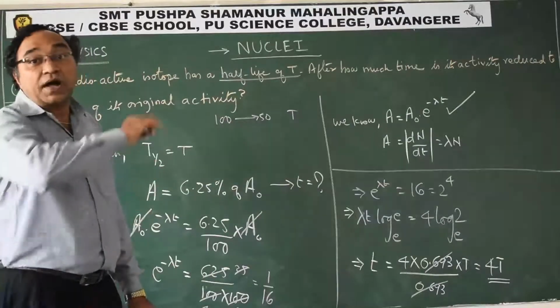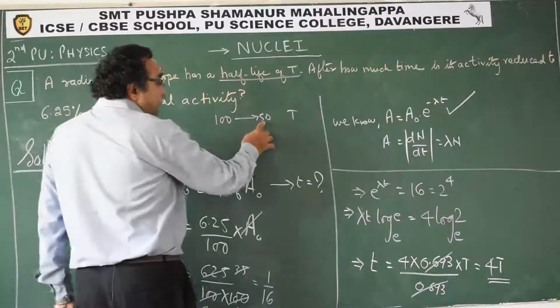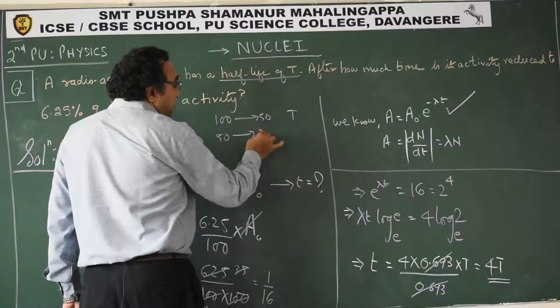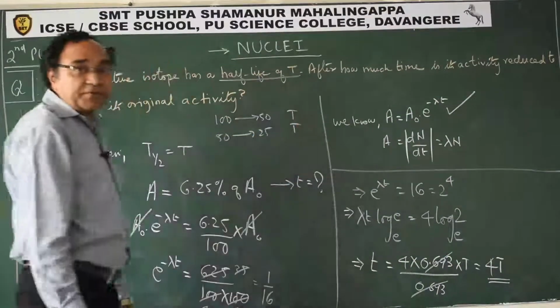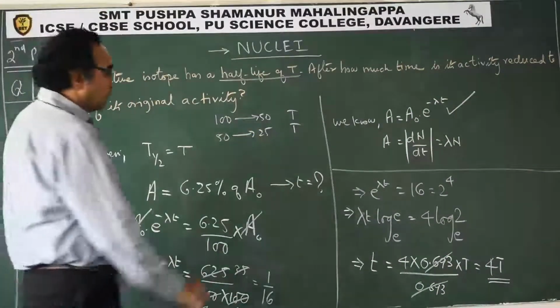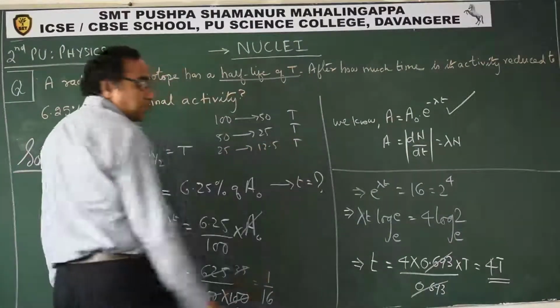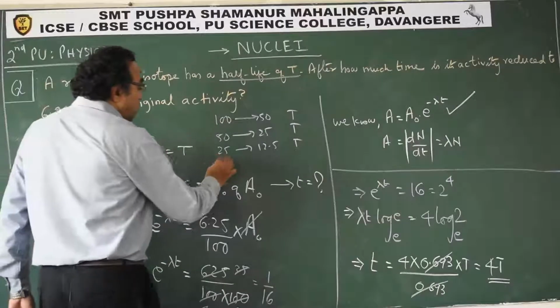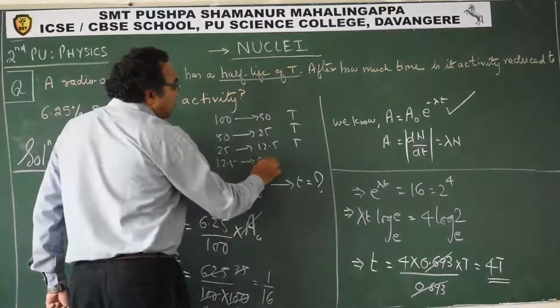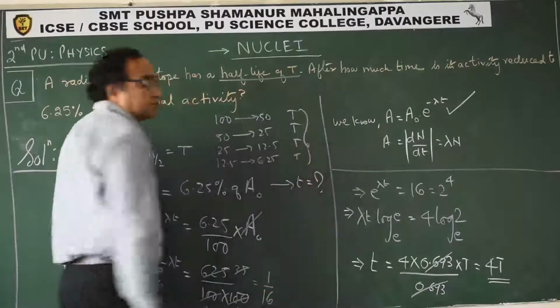Half-life period means it will become half. From 50, half of it is 25, another half-life period. From 25 to 12.5, another half-life. 12.5 to 6.25. So what is the total? 4T, that is 40. Finished.